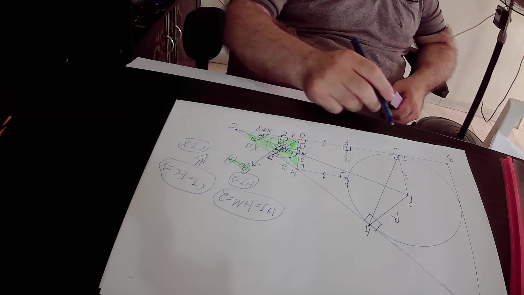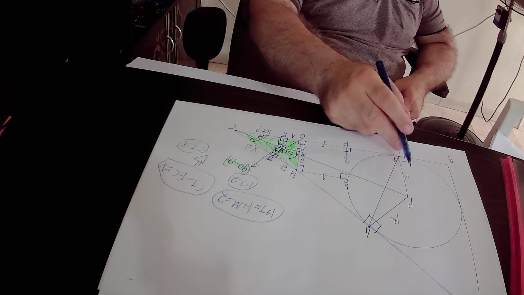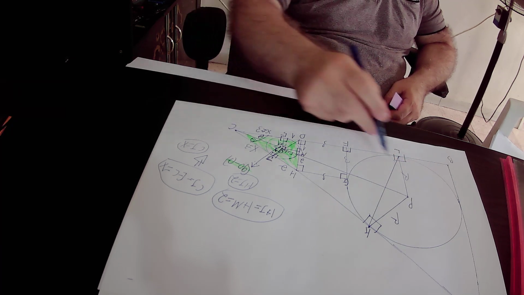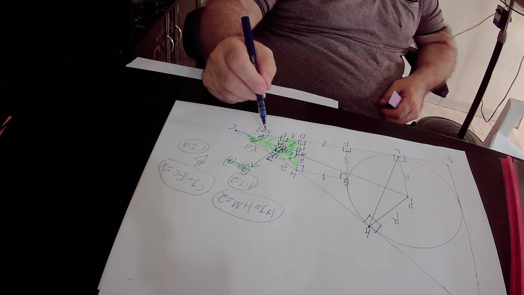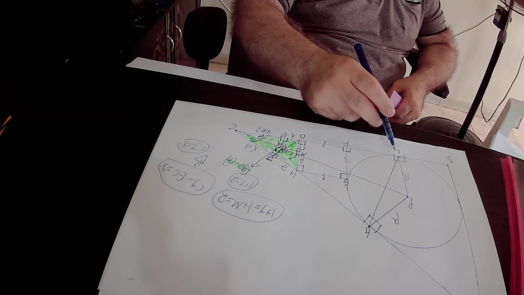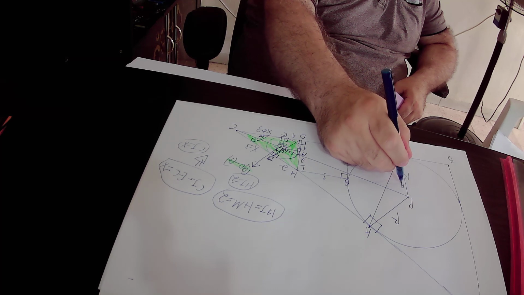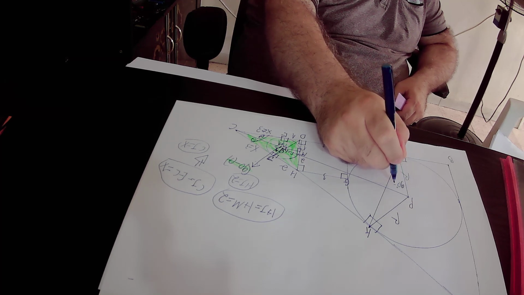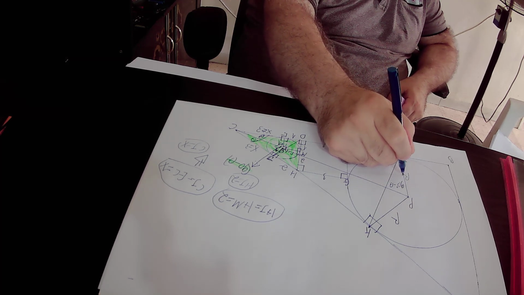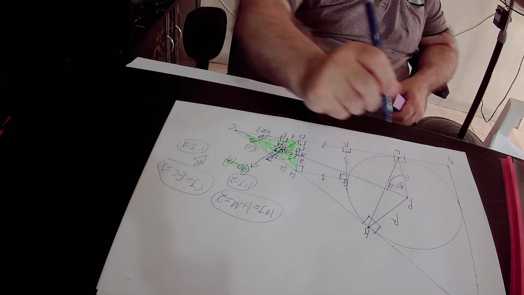In the next step, we will focus on the right big triangle PLC. On the right big triangle PLC, this angle equals to theta. This angle equals to 90 degrees. Therefore, this angle must be equal to 90 degrees minus theta. Okay?